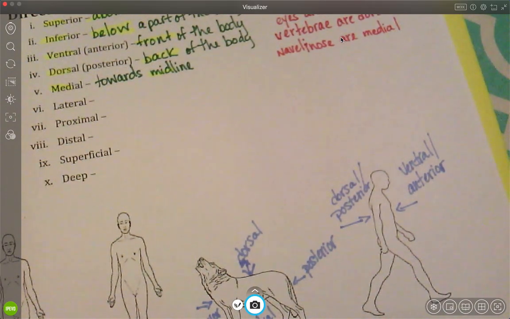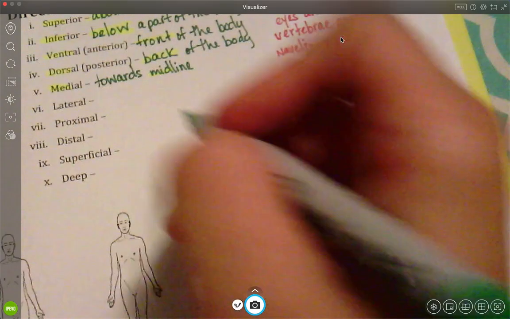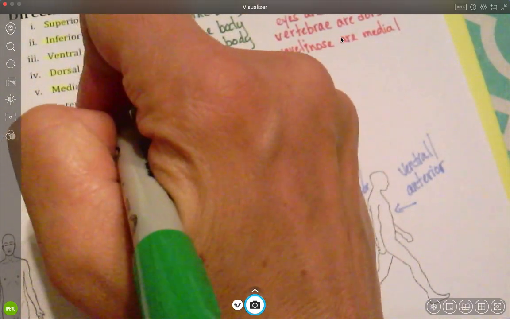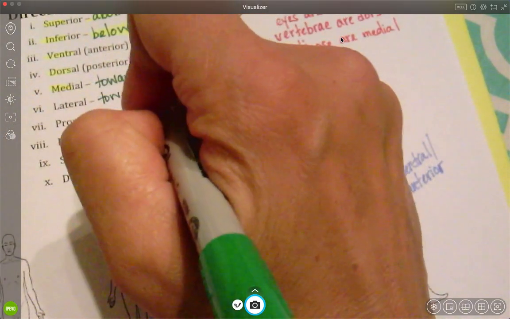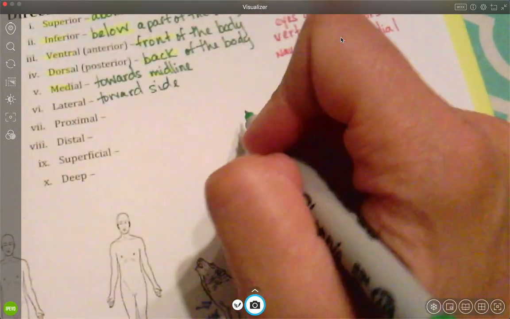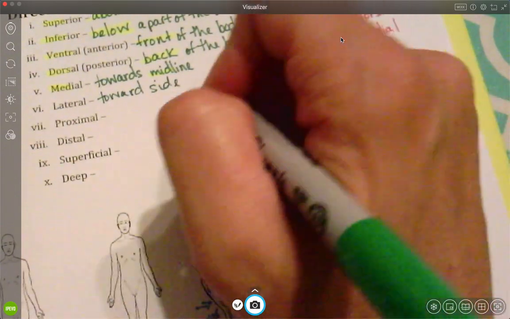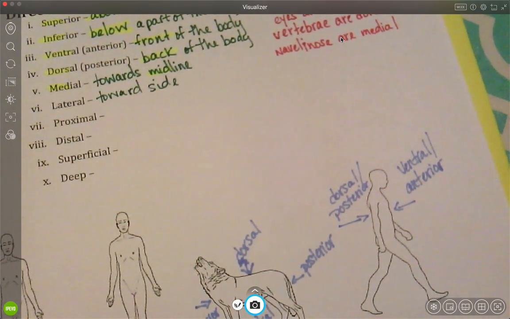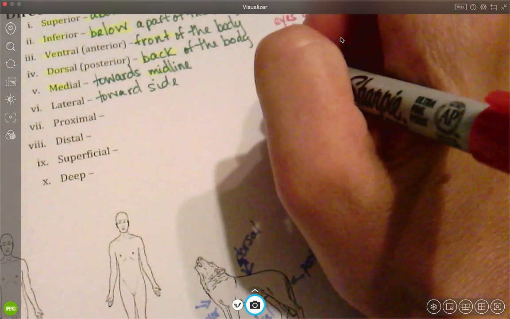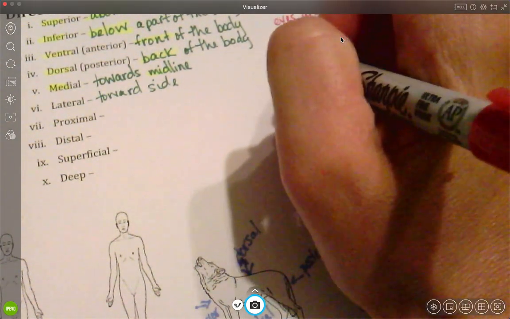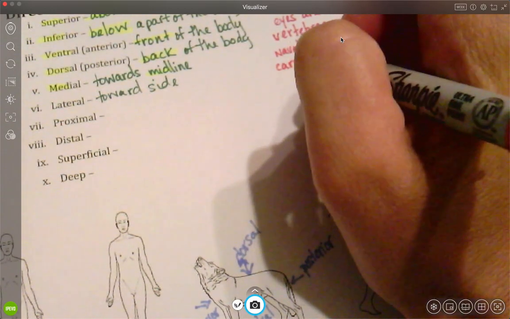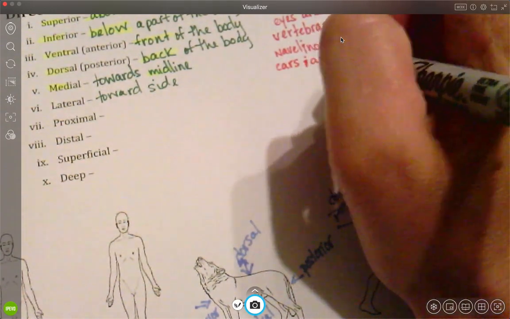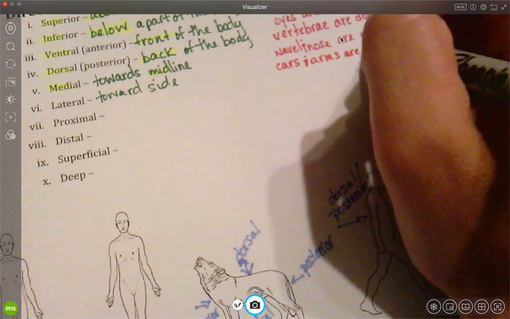All right, lateral is the next one. Lateral means side, so towards the side. Okay. So, examples of that. I could say that my ears and my arms are lateral.